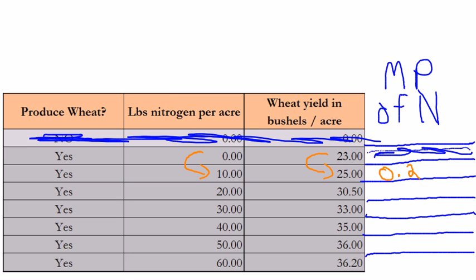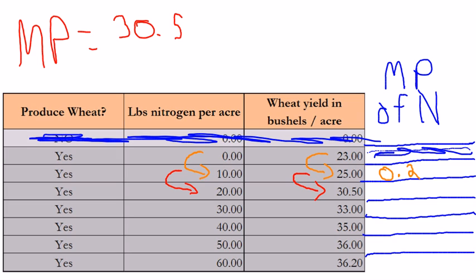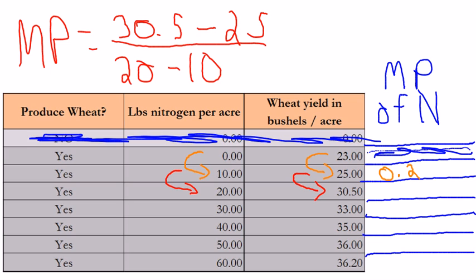Now let's see what happens when we go from 10 pounds of nitrogen to 20 pounds. We see yield go from 25 to 30.5. So here our marginal product is going to equal 30.5 minus 25 divided by 20 minus 10. As you're probably catching on, the denominator is always going to be 10 in these cases.